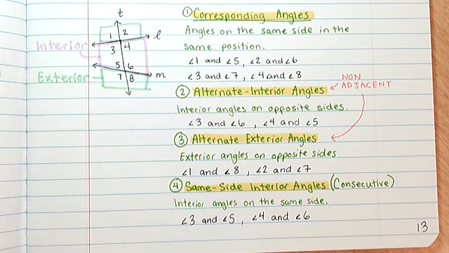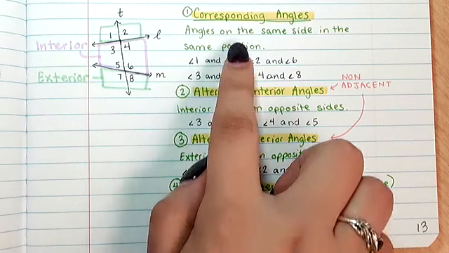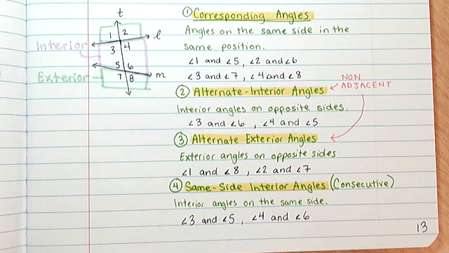And if we want to use those properties successfully, we need to be able to tell where our corresponding angles are, where our alternate interior and exterior angles are, and where our same side interior angles are. Because if we can't properly identify those, then those properties won't be of any help to us. So for today, we are going to focus on just identifying all of these.